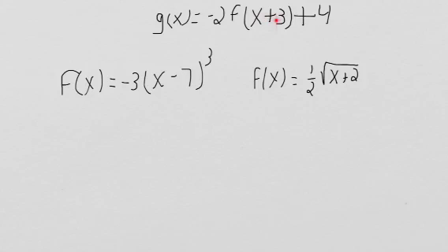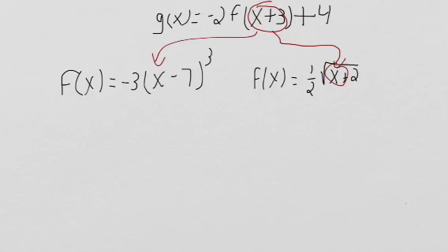Now really quick, another way to think about this x plus 3 that's in here is that it's just the new input. So instead of writing x, we're going to write x plus 3. We've done this before. If we say f of something, whatever that something is, is the input. So that means we're going to replace x with x plus 3, because that is our new input. That's going right there.